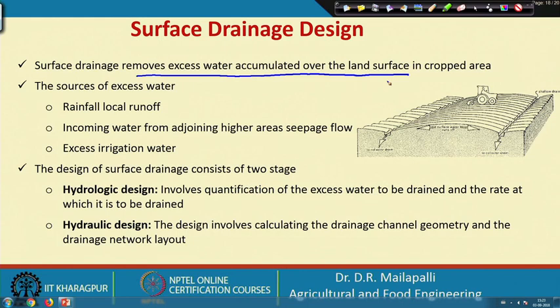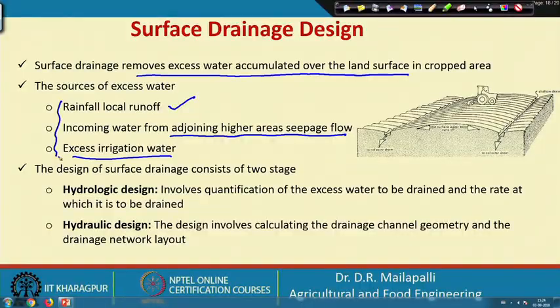What are the sources of this excess water? Basically the rainfall, local runoff, and then incoming water from adjoining higher areas or seepage flow, which is a kind of base flow, and excess irrigation water.